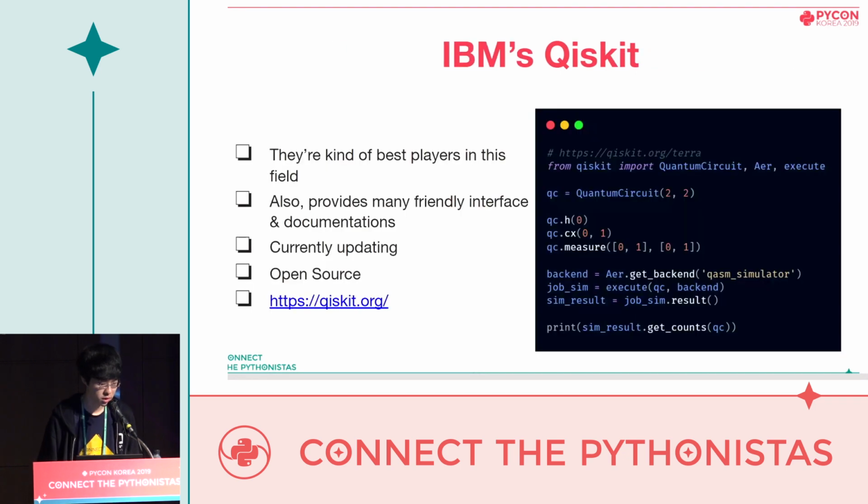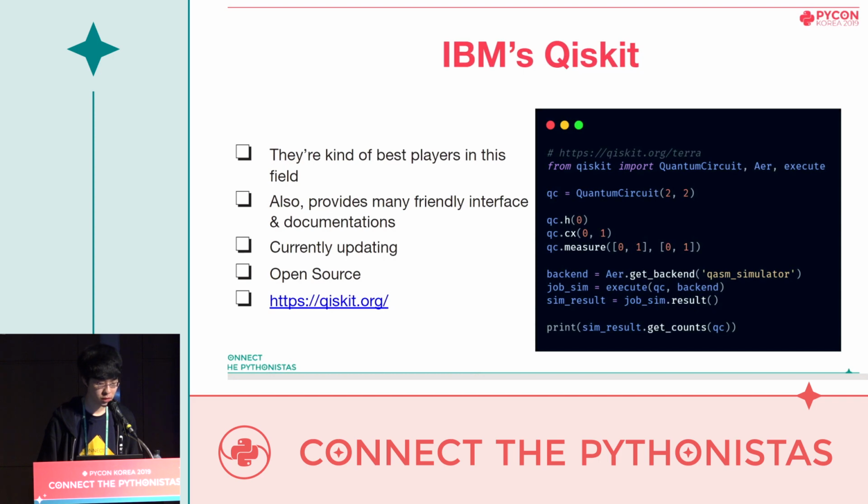So, Qiskit of the great IBM. Actually, this is our favorite main library. As we tried plenty of libraries, it seems like this is the most stable one along with Microsoft's Q#. However, since we are using Python, we can throw away Q#. And for now, I think Qiskit has the most friendly interface and documentation.